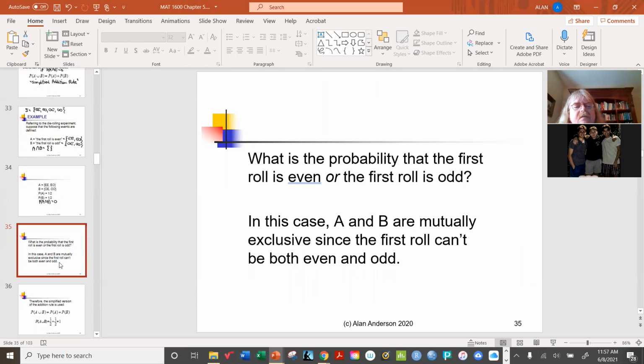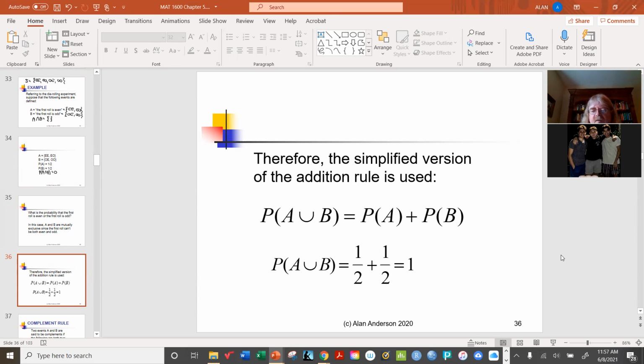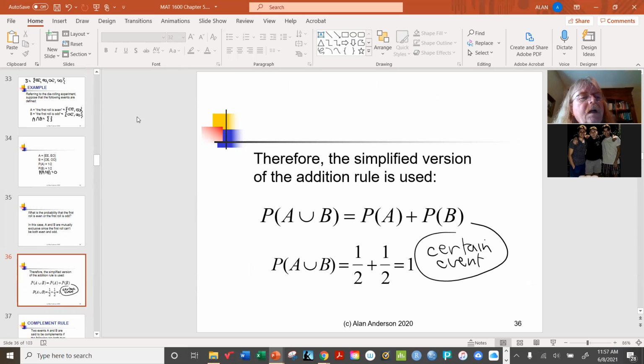So we're going to use the special, simpler version of the addition rule, and it turns out that that probability is 1. Which, remember, we define this as a certain event. It's guaranteed to happen. I mean, it makes sense because if you look at it, A means the first roll is even. B means the first roll is odd. One of those things has to be true. Therefore, this union is called a certain event, and it has a probability of 1.